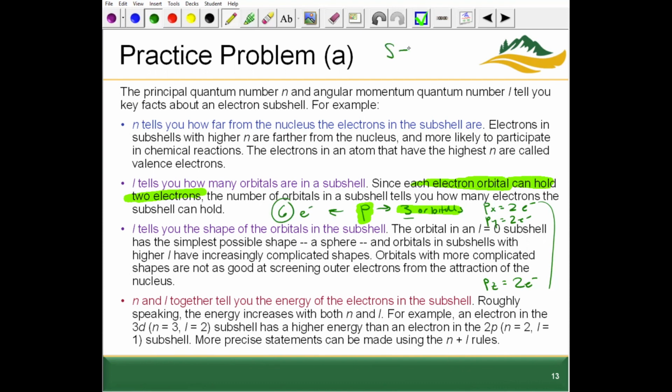For s, that's just one single orbital, so each s orbital can hold 2 electrons. For p, which has 3 orbitals associated with it, px, py, pz, in total p can hold up to 6 electrons.